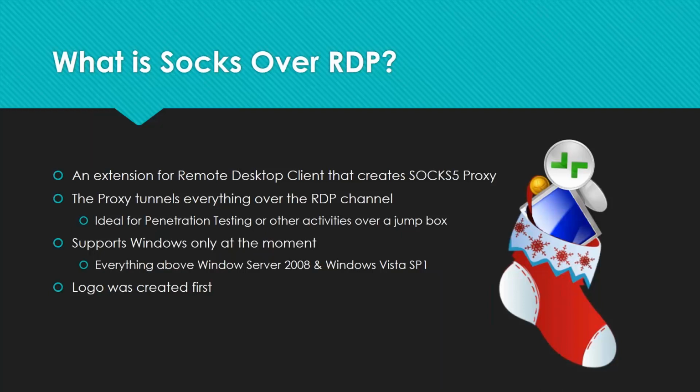This is really great for penetration testing and any other activities that you want to do over a jump box where you need to tunnel data. Right now it supports Windows only. That means that the remote desktop client needs to be on Windows. And regarding the protocol, Windows Server 2008 and Vista SP1 and everything above is supported.